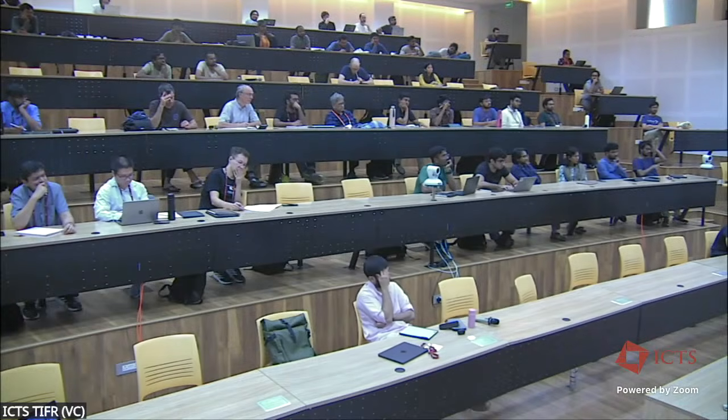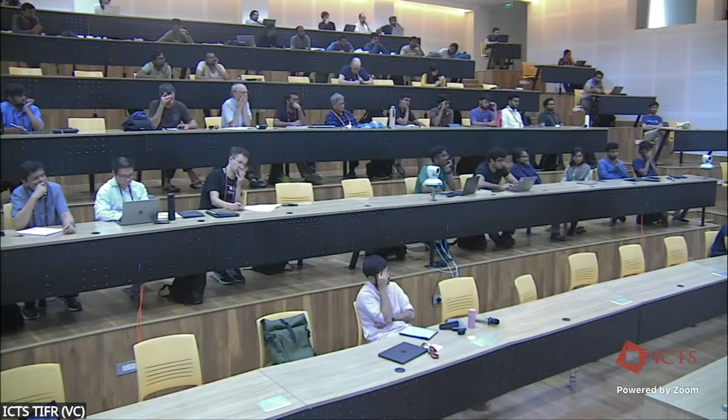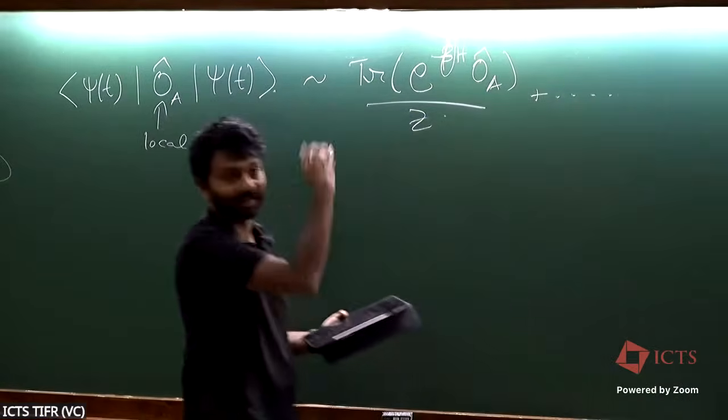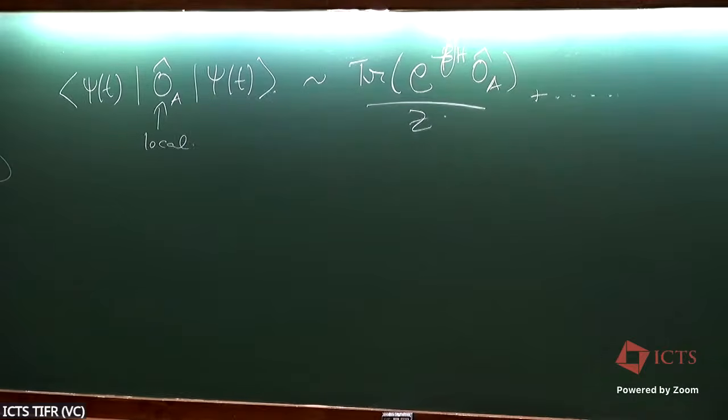So it doesn't have a huge spread in the spectrum. But I'll not go through those proofs because that would be a separate lecture, and I want to just give you the idea and then connect it to symmetries.